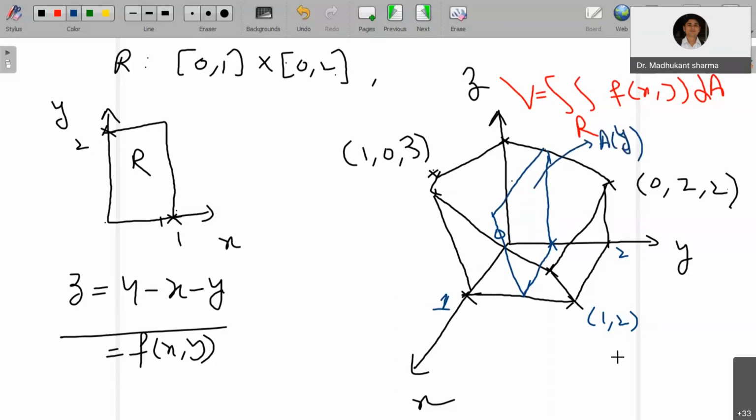Function of y, and y is running from 0 to 2. You can integrate over it. So what is A of y?